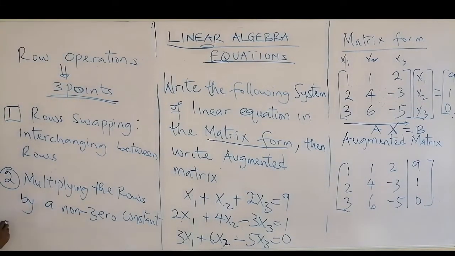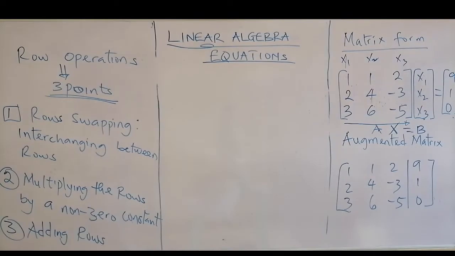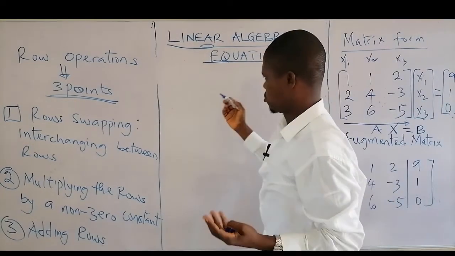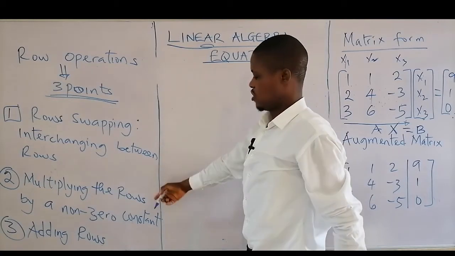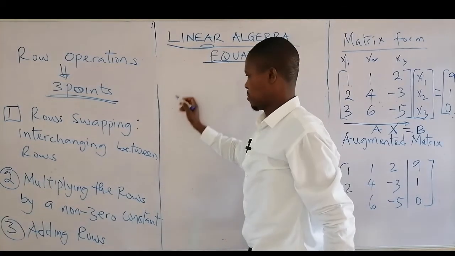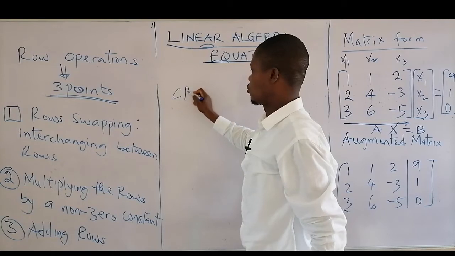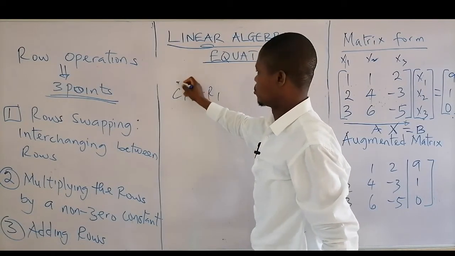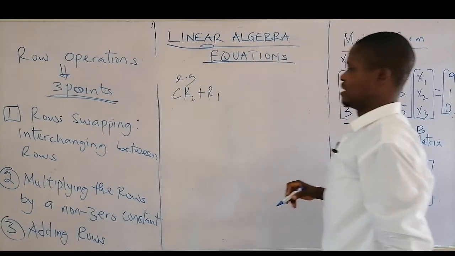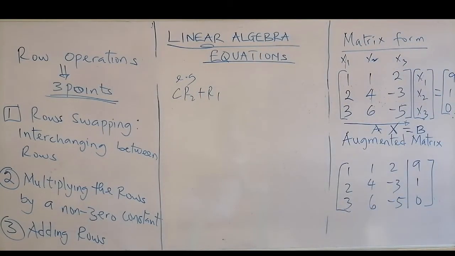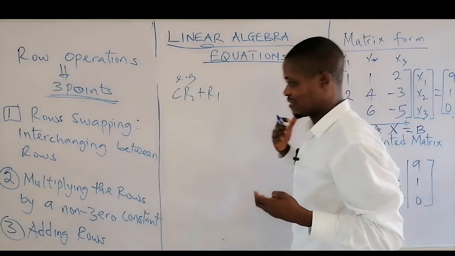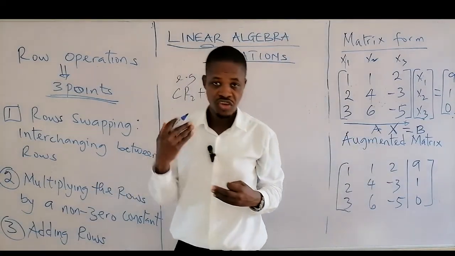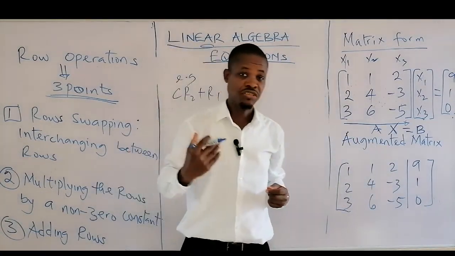And the third point is adding the rows, which means probably when you multiply the rows, maybe you have row 2, then plus row 1. That's just an example. So adding rows. These are the things we are going to be using for Gaussian's elimination method.